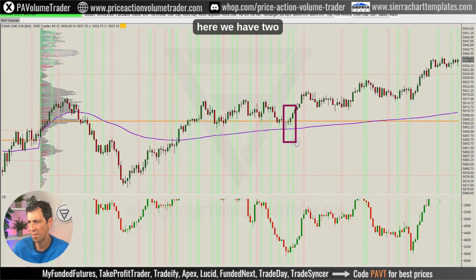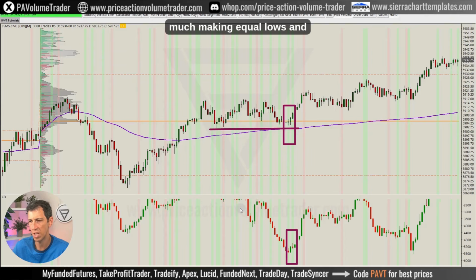Here we have two divergence candles coming off right here. You can see we pushed down right into VWAP, and we actually had the price pretty much making equal lows, and delta is very highly negative, the cumulative delta.